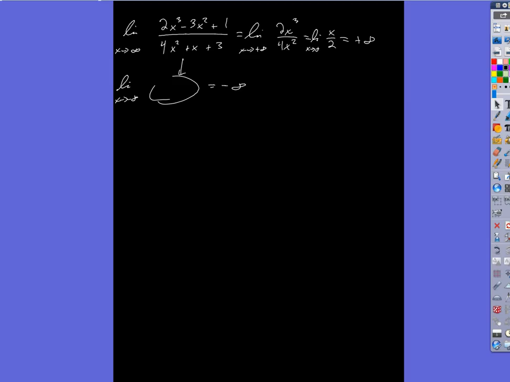So let me put that in real quick. So we got 2x cubed minus 3x squared plus 1 over 4x squared.